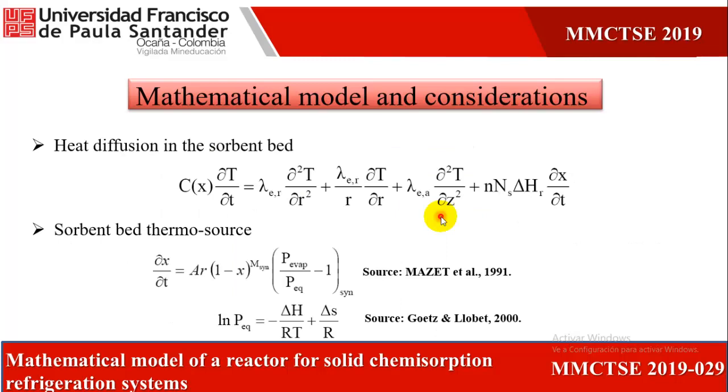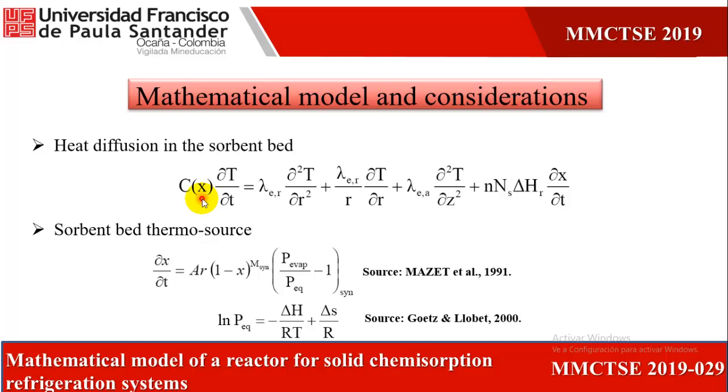So moving on, here we have the mathematical equations that were modeled to represent the heat transfer inside the reactor. The first equation represents the heat diffusion inside the sorbent bed. From left to right, we have this term, which represents the volumetric thermal capacity.